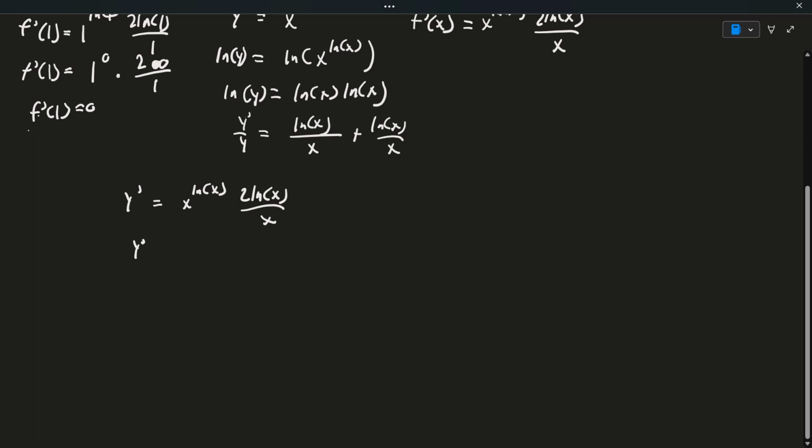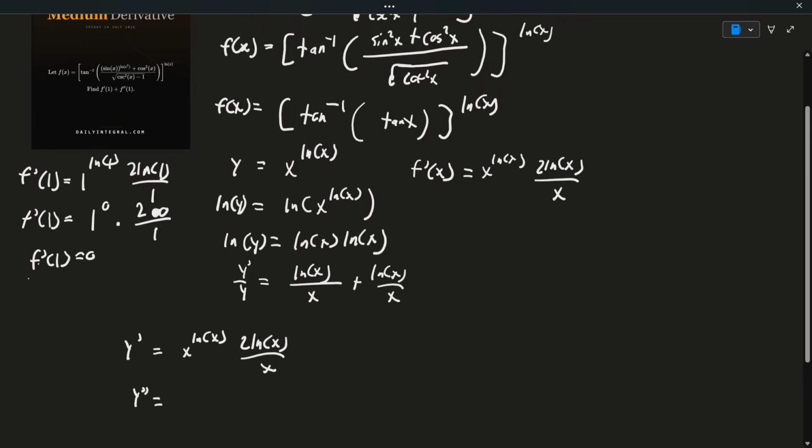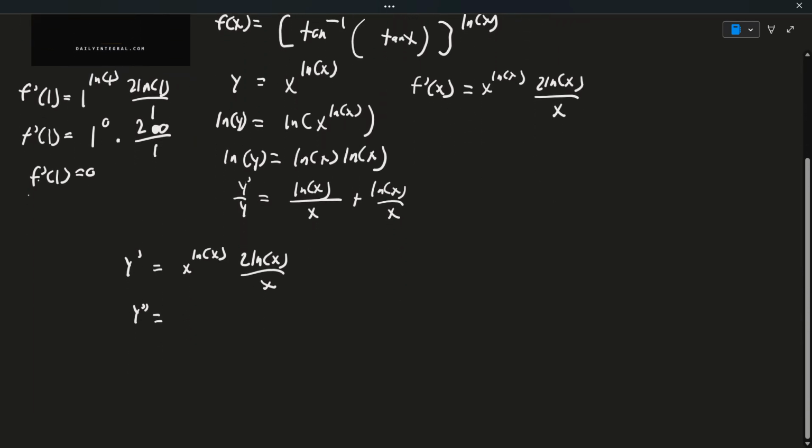So y double prime is equal to, we're going to use the product rule again, but we already know from earlier that the derivative of x to the power ln of x is x to the ln of x times 2 ln of x over x.